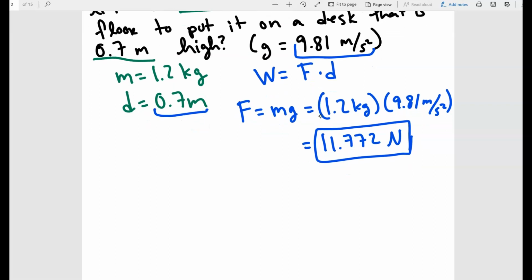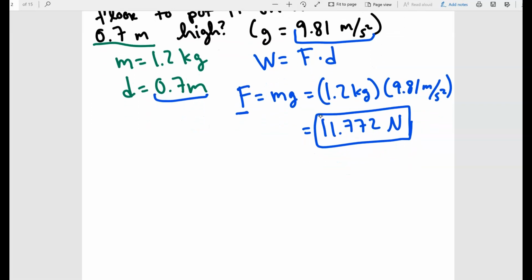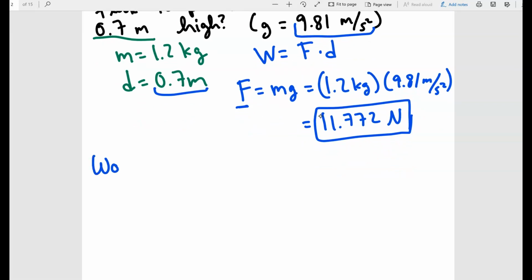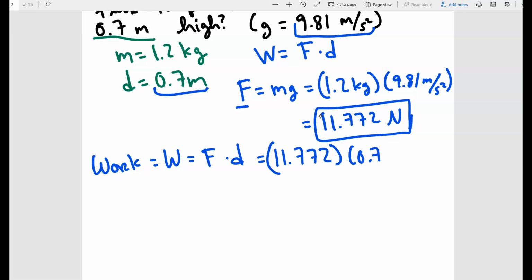Now that we have our force, we can figure out what our work is. So our work, which is basically equal to W, is going to be our force times the distance that I'm taking this particular object. Our force that this book is exerting is 11.772 newtons. I'm going to multiply it by the distance, which is 0.7 meters.